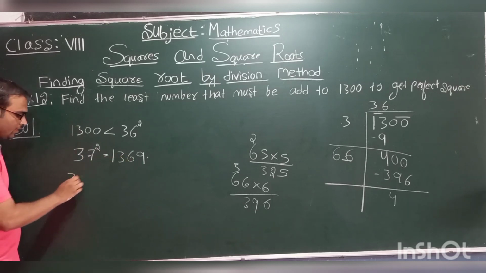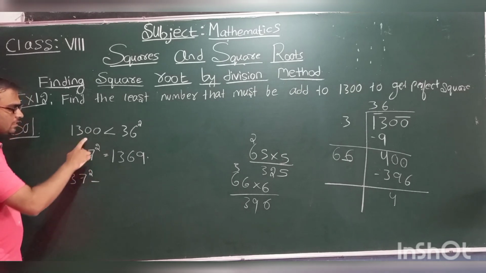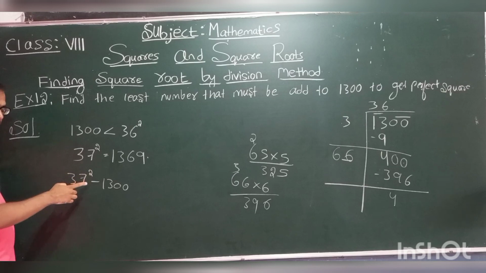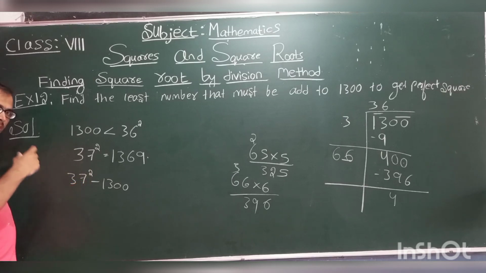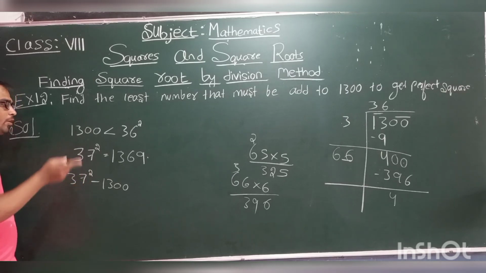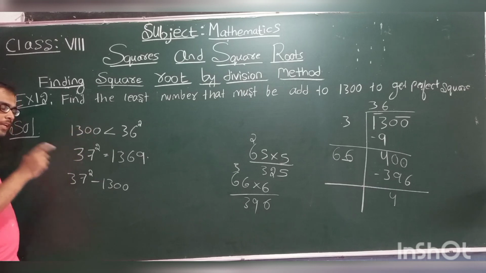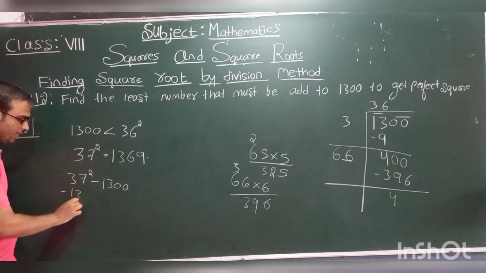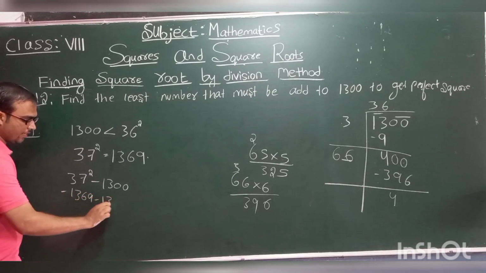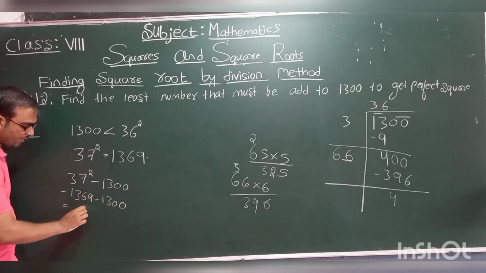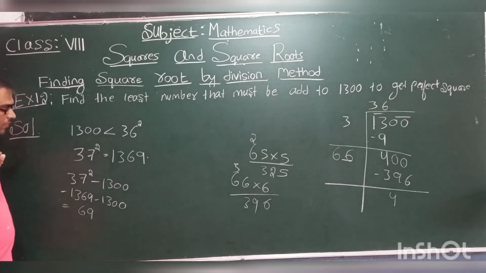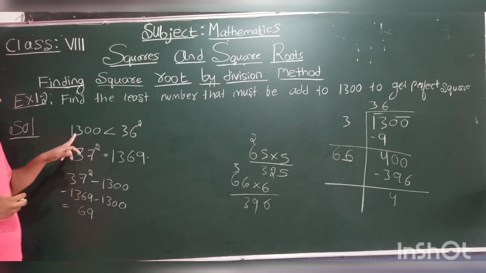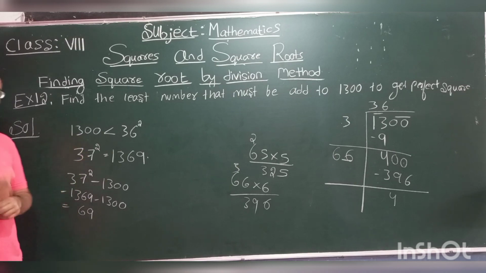That is, when we subtract this number from 37 square, whatever number we get, we need to add it to 1300 to get a perfect square. So here 37 square is 1369 minus 1300. So what are you getting? 69. So when we add 69 to 1300, we will get a perfect square.